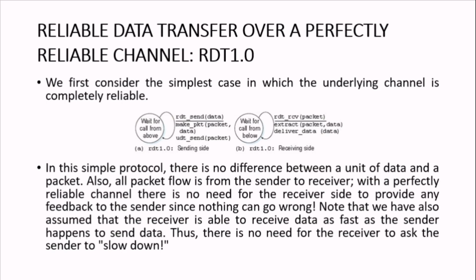So for RDT 1.0, we first consider the simplest case in which the underlying channel is completely reliable. If you look at this figure, the sending side of RDT simply accepts data from the upper layer, which is the application layer, via the RDT send data event, and then puts the data into a packet and sends the packet into the channel.